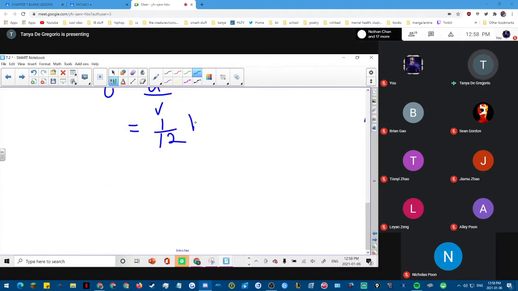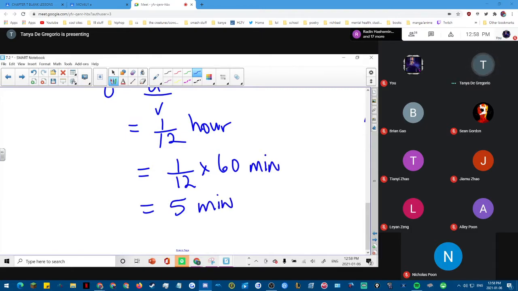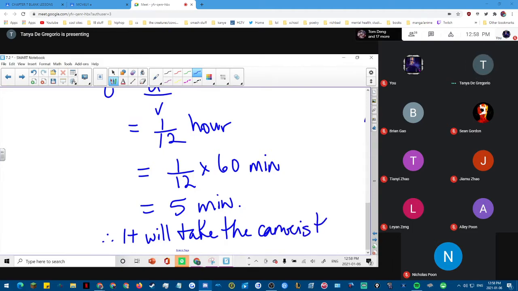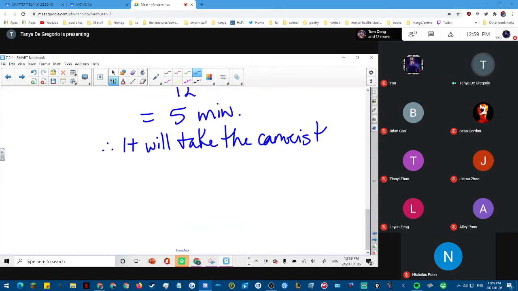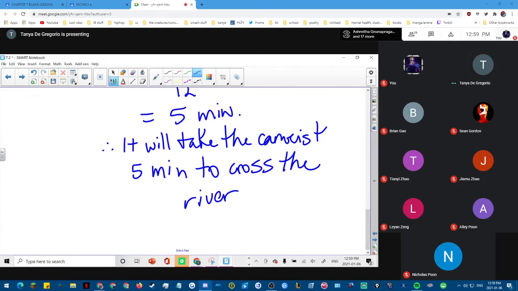Okay, so 1/12 of an hour, or 5 minutes. Therefore, it will take the canoeist, what's Christian doing? Yeah, can you help him, please? 5 minutes to cross the river.